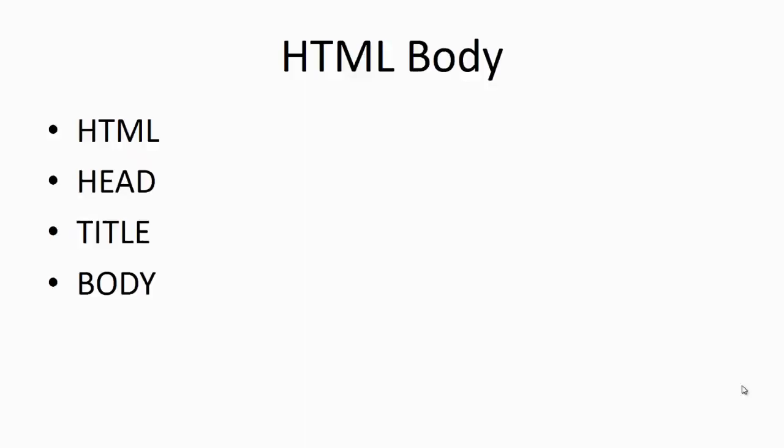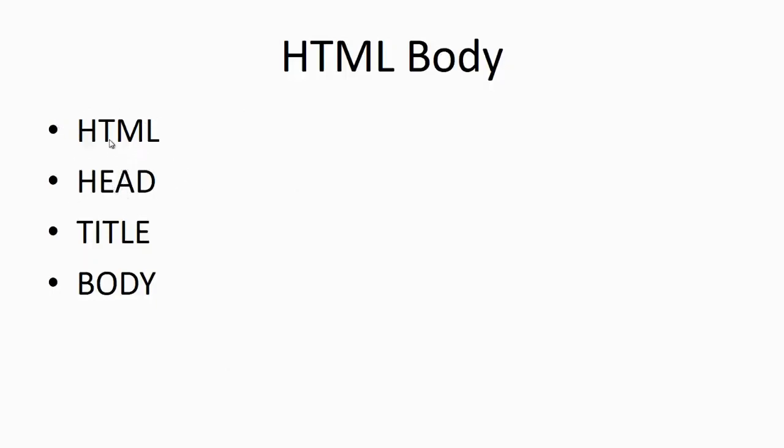Now, before I move on to video number 2, we are going to talk about the basic structure of an HTML body. Whenever you create a new HTML page, basically what it looks like is, at the top, you're going to have an HTML tag, and think about it wrapping around everything. Right underneath the HTML, you have the head.